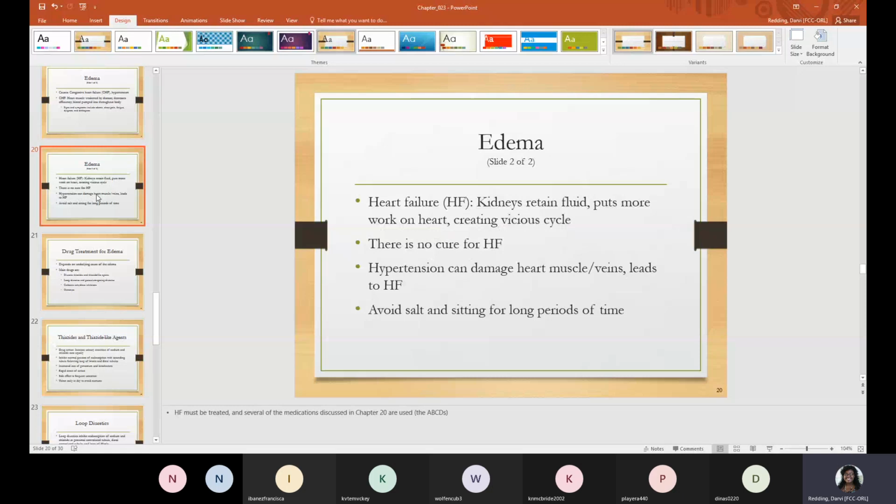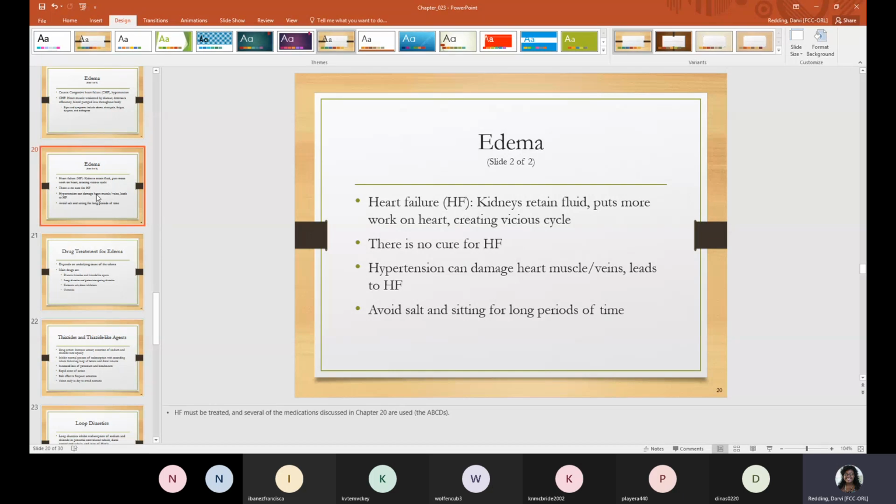Continuing with edema, for patients dealing with HF, better known as heart failure, the kidneys retain fluid, which puts more work on the heart and creates a vicious cycle. Unfortunately, there is no cure for heart failure. Hypertension can damage the heart muscles and the veins, and also lead to heart failure.